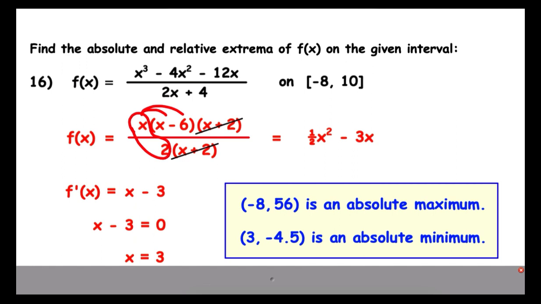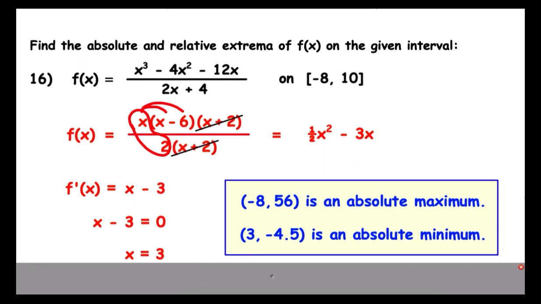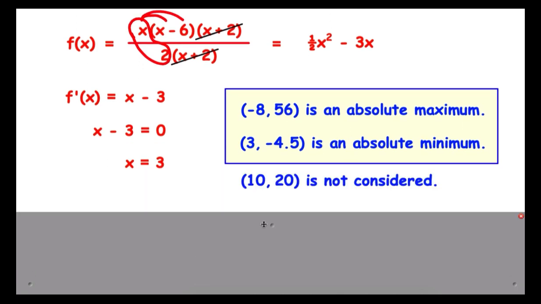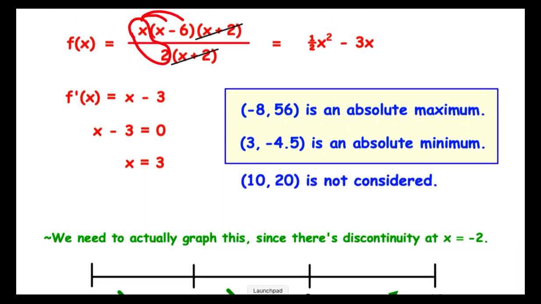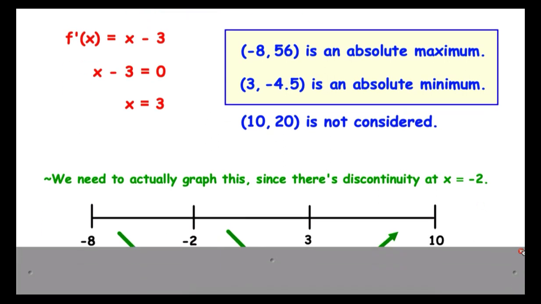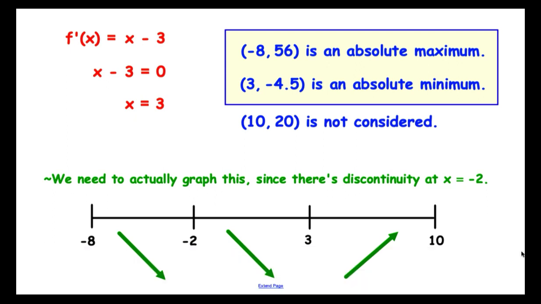Nothing I can do about that. Let's move up a bit. Here's what happened. There was a discontinuity at x equals -2. Remember that you can't really divide by 0, so we have to honor that. So our critical number was 3. I'll throw the -2 in there as well. Just get rid of this thing entirely.